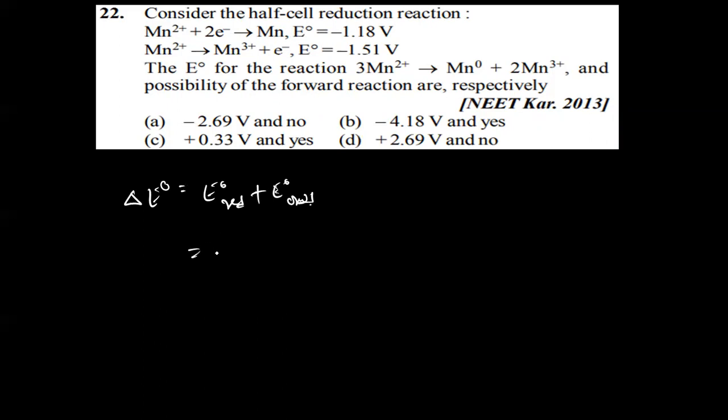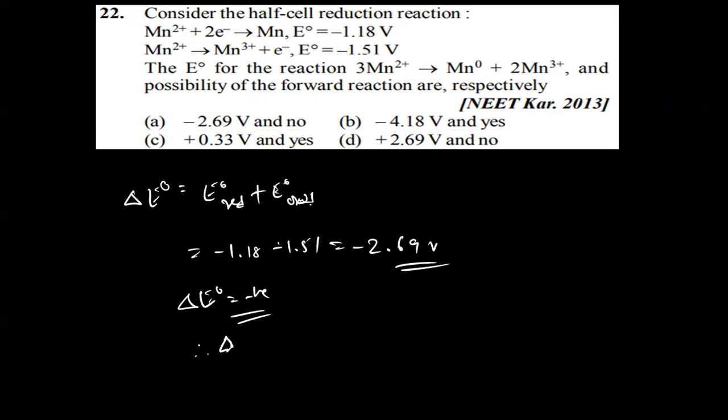is equal to E naught reduction plus E naught of oxidation. So minus 1.18 minus 1.51. On simplifying, you will get minus 2.69 volt. Since delta E naught has a negative value, delta G, the change in Gibbs free energy, is equal to minus nFE naught, so delta G will have a positive value.